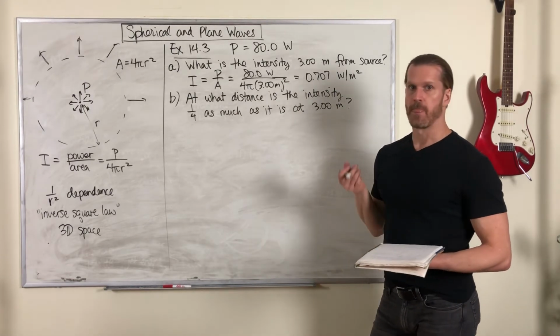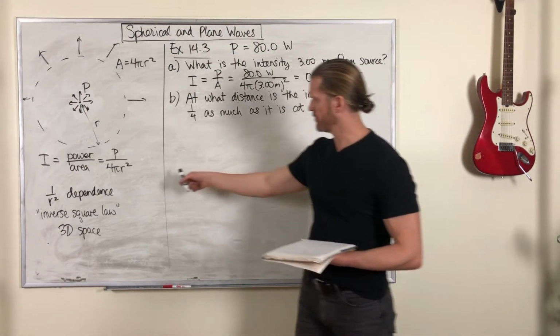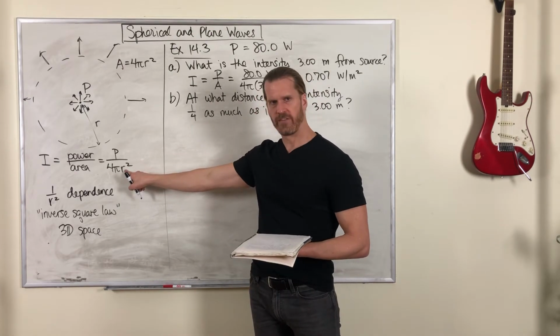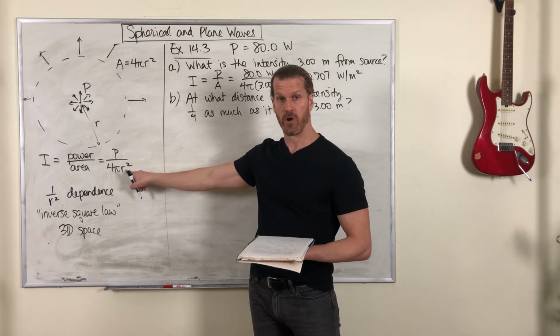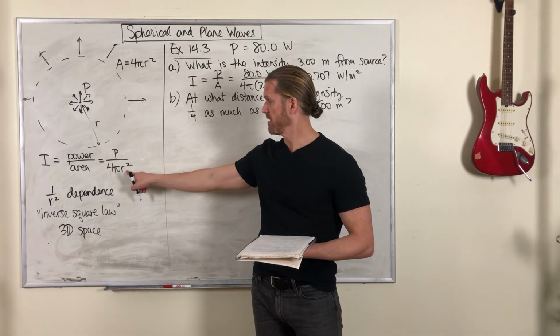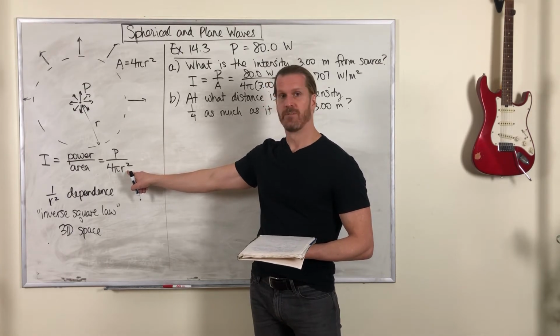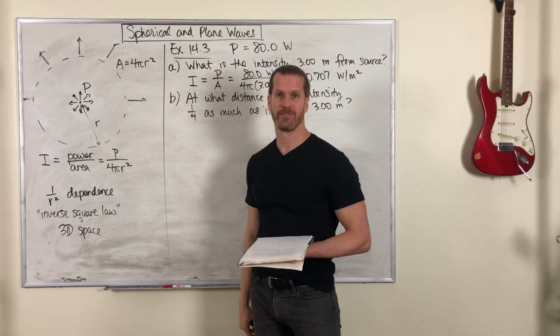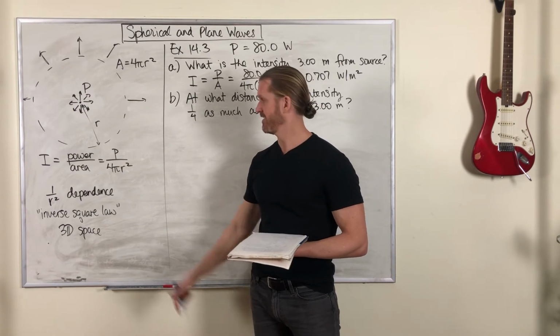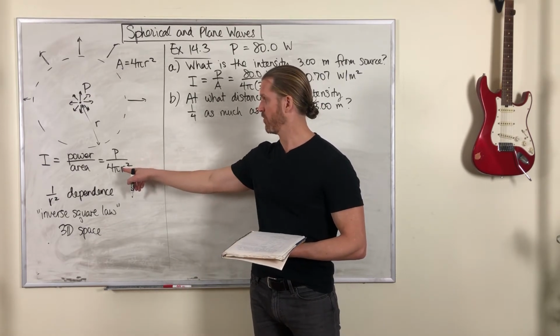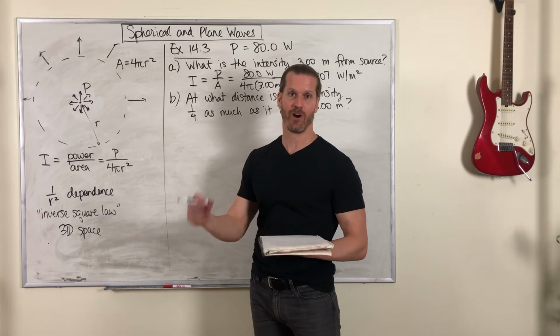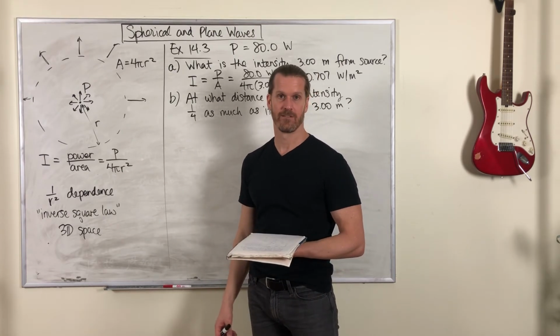The easier way is to recognize that this intensity goes like 1 over R squared. If you double the radius, you get 1 over 2r squared.